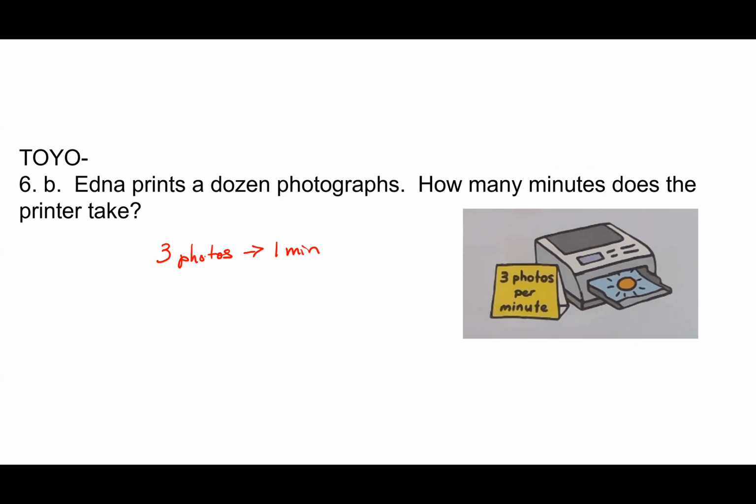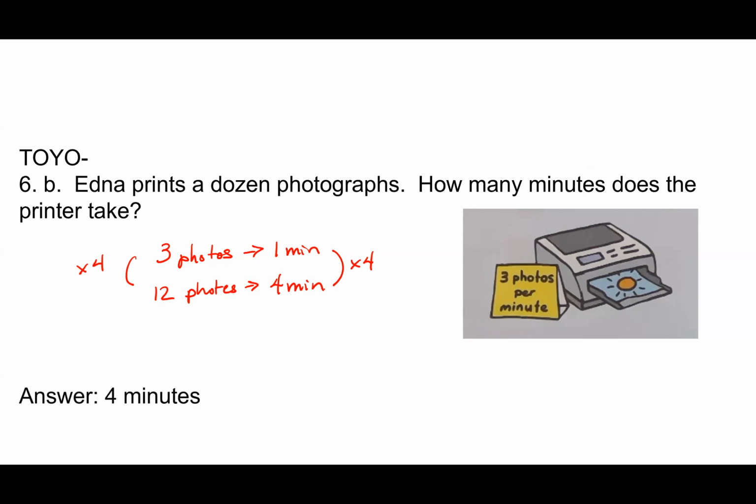Let's get that to look nicer. Okay, then what? Okay. Do I add 12? It's okay. Yep, good job. So 12 photos take 4 minutes. Yeah, nice work.